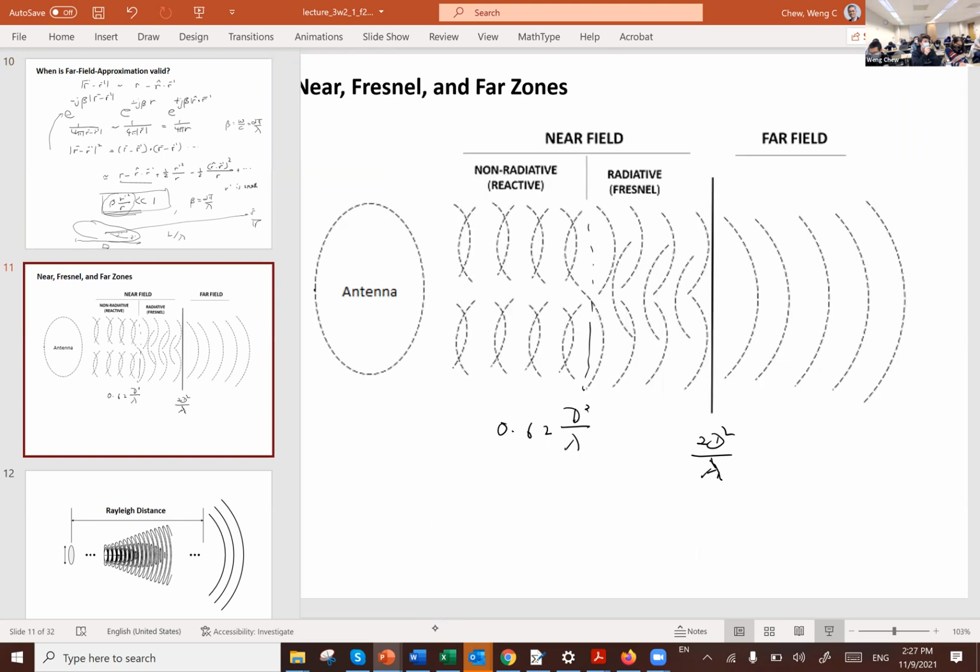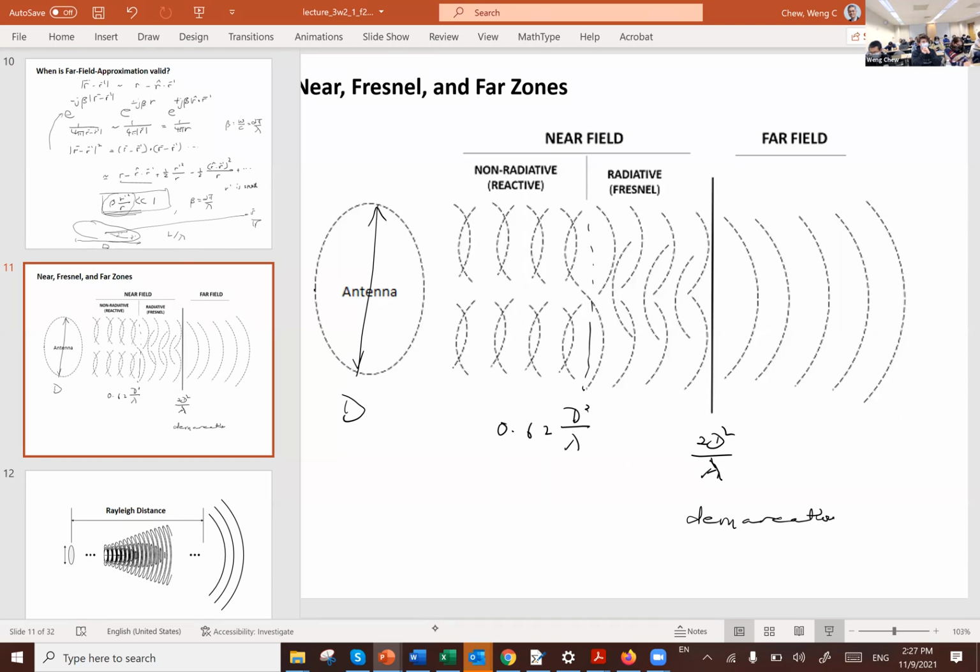If you put this into the formulas and work out the demarcation zone, you find that these demarcation zones are indicated by d square over lambda, where d is the size of the antenna, and it could be your laser pointer. The size of the laser pointer.